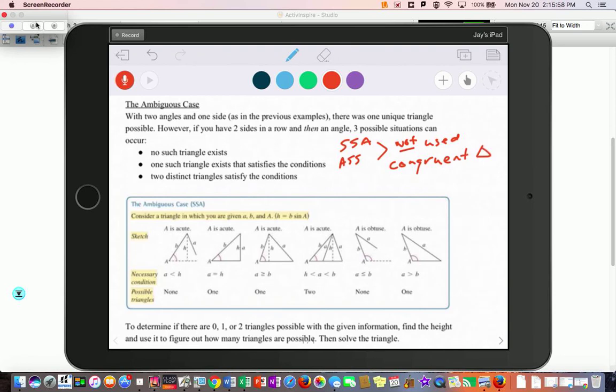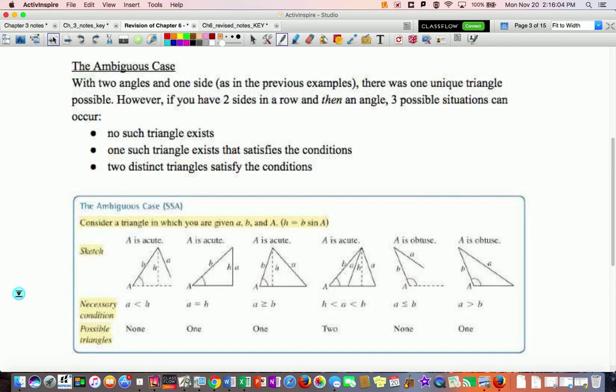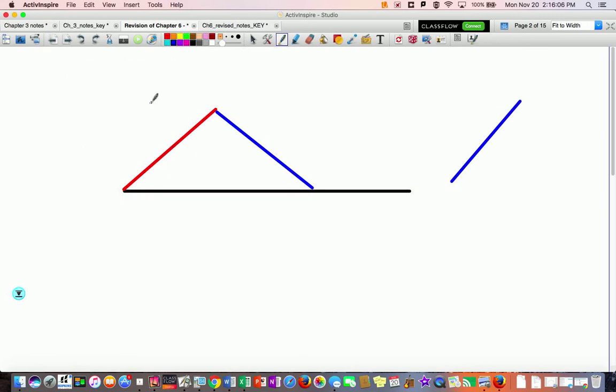And the reason is we can have two different triangles. So I'm going to try to explain this to you. For instance, if I gave you this stick here and this one, and I told you maybe this angle down here was something like 40 degrees, you'd have to lock that in. And so this red one has to stay at that angle.